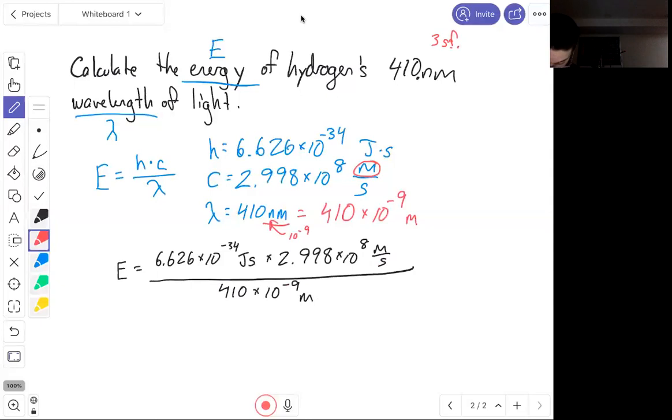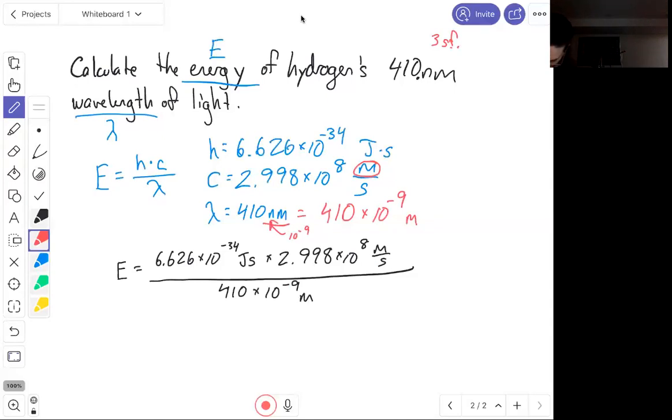In your calculator, everything has got scientific notation. So 6.626 EE negative 34 times 2.998 EE8 divided by 410 EE negative 9.